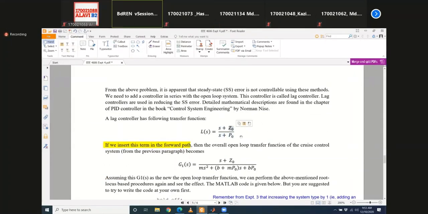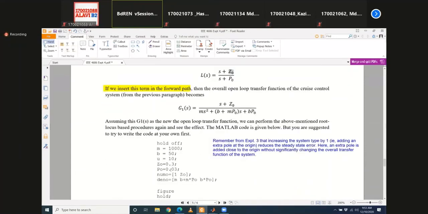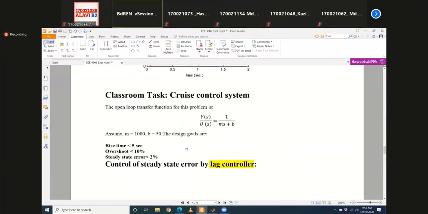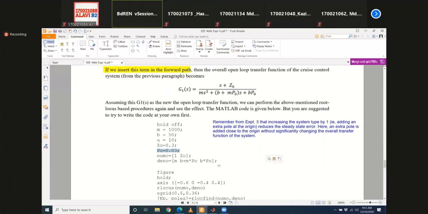Maybe in this case, you want to make P0 even closer to 0, but you cannot give it exactly 0, otherwise it will be tough to not change the overall system transfer function. In some cases, you might not be able to go below a certain value. So these are the two main things. You have to select the appropriate values of Z0 and P0.